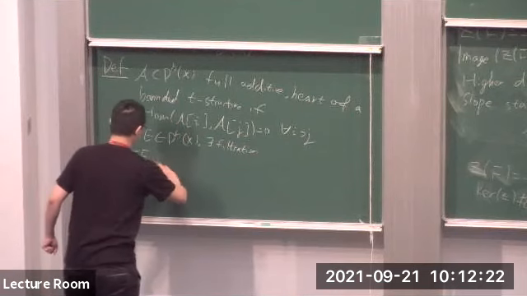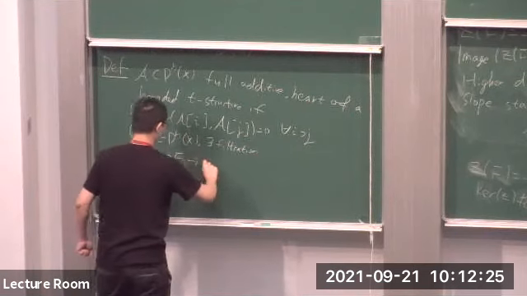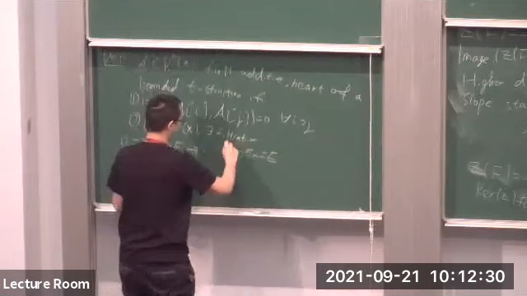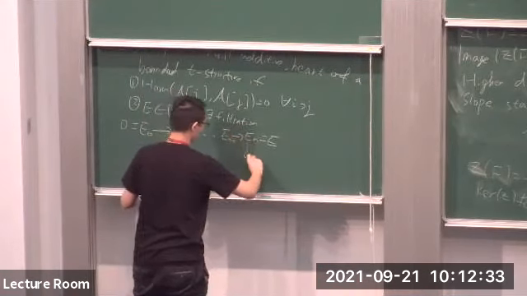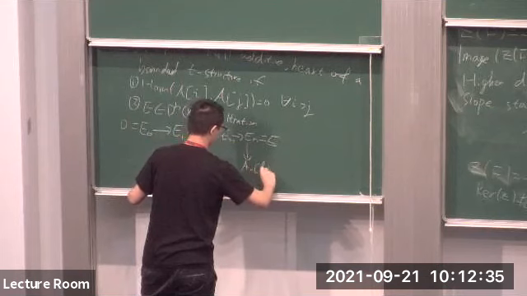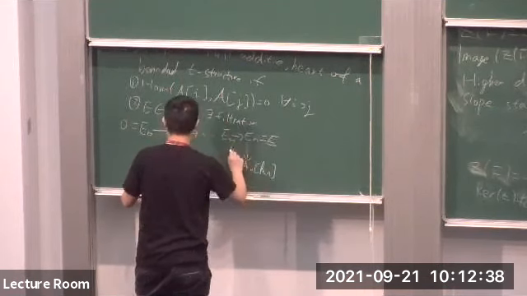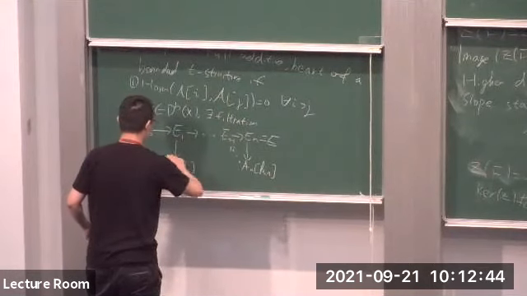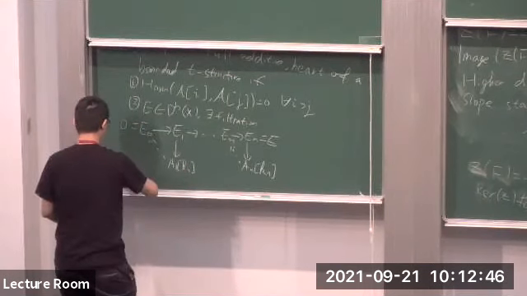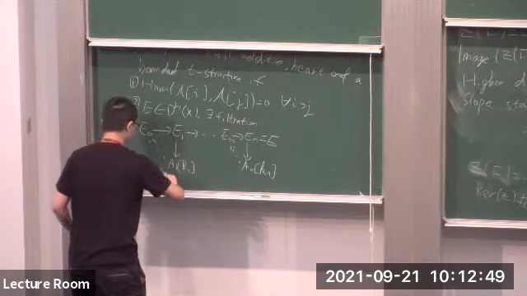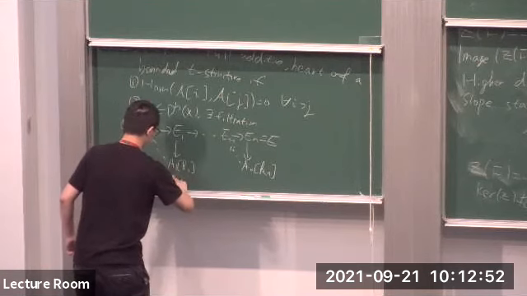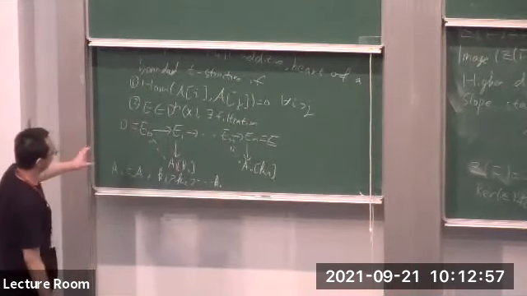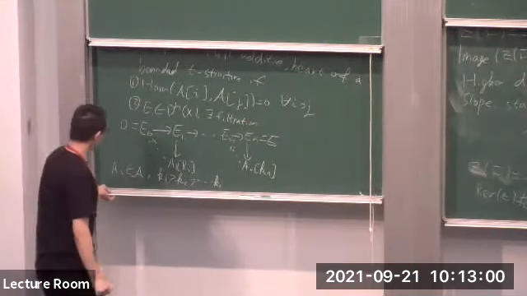E_0 mapping to E_1 up to E_n, where E_n is equal to the object we start with, and we take the cones of them. The requirement is that all the A_i are inside the heart, and all the k_i will be decreasing. So this is a generalization of the HN filtration property.